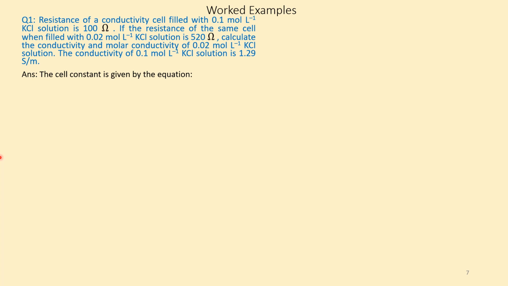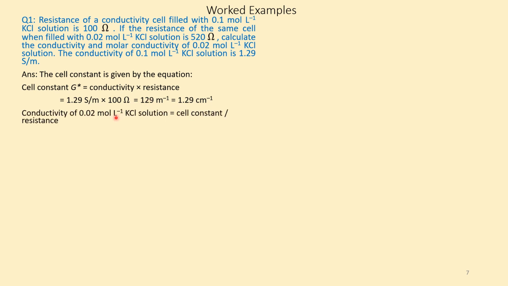The cell constant is given by the relation: cell constant G star is equal to conductivity into resistance. That's equal to 1.29 Siemens per meter into 100 ohms, which is equal to 129 per meter. So the cell constant is 129 per meter, or it can also be written as 1.29 per centimeter.